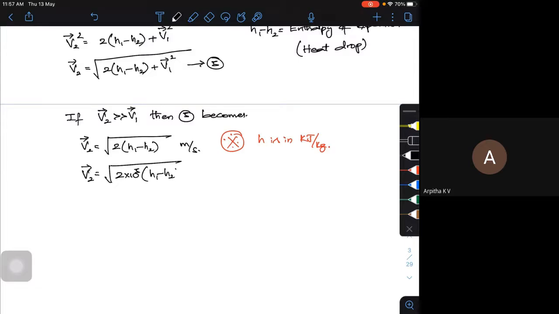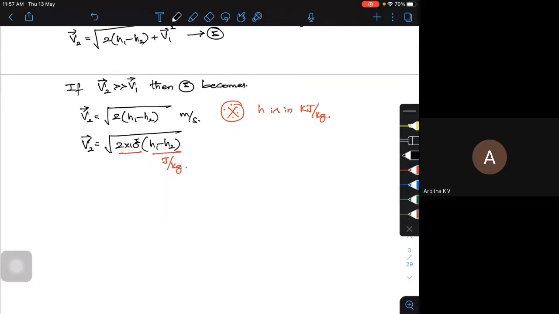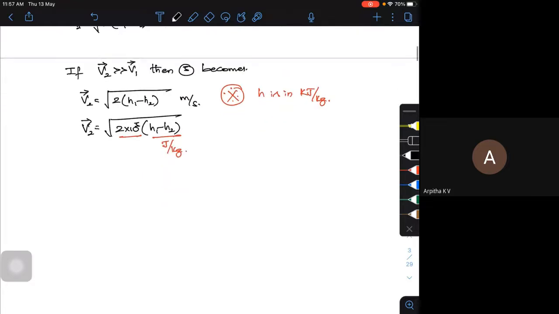So this should be in joules per kg. Then only you will be getting your velocity in meters per second. Now just take the square root of 2000. If I take it outside, this will be 44.72 into root of (H1 minus H2).